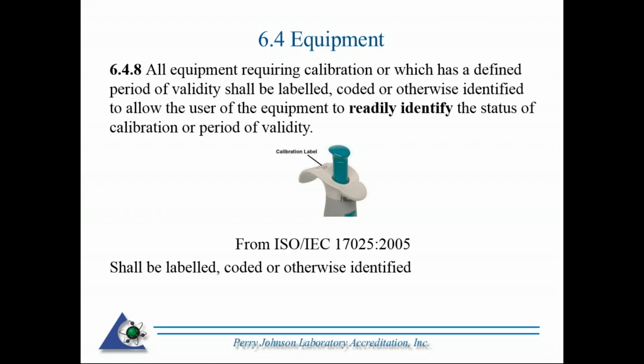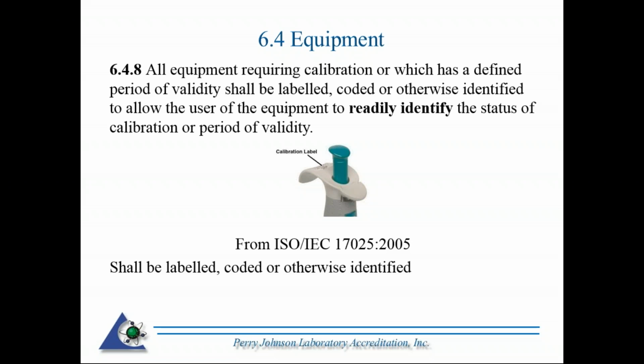If you're doing an internal audit, if you're doing an assessment to this standard, if the label's not there, it's not required anymore. However, it needs to be readily produced calibration status. So the technician should be able to readily identify the calibration status of the equipment. If it's something where they have to ask and it's maybe an hour or an hour and a half before that information arrives, then I would say that would not constitute being readily identifiable.